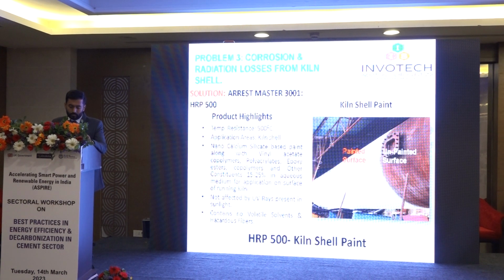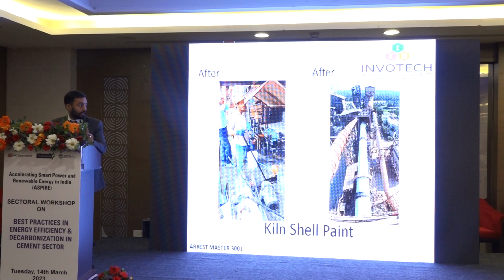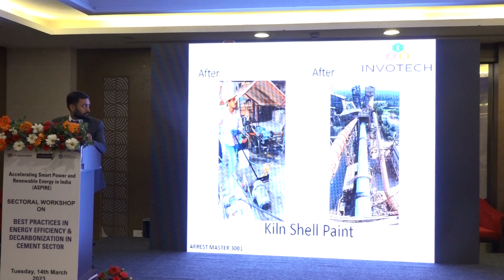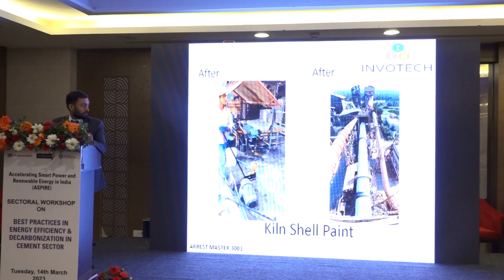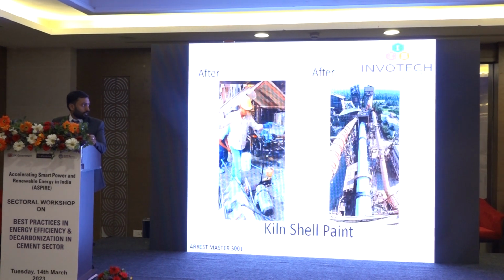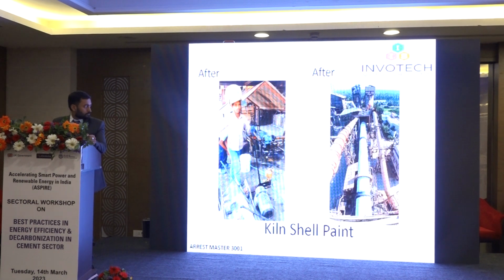Now comes radiation losses. We have Kill Shell paints to reduce them, and they also do beautification. Plus, it is a nano calcium silicate base, and it also prevents corrosion. It is done in plant running conditions. This is the working procedure: we apply it while running through a spray lance.